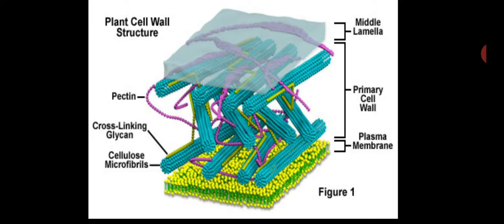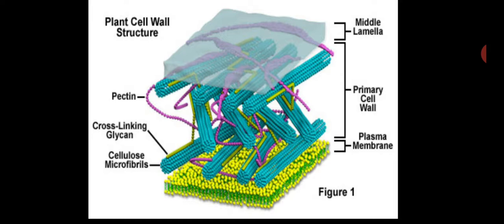The primary cell walls of two neighboring cells are cemented by the middle lamella. Only then is the formation of a tissue system possible. If all the cells were separate, there would be no tissue. All the cells together form a tissue, and the cementing layer is the middle lamella.